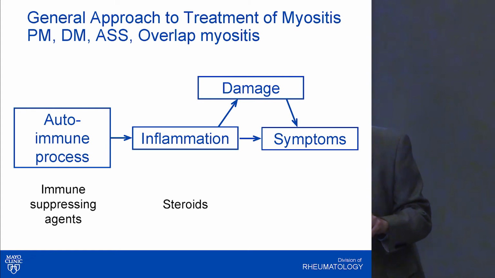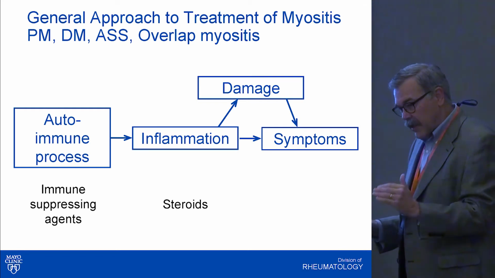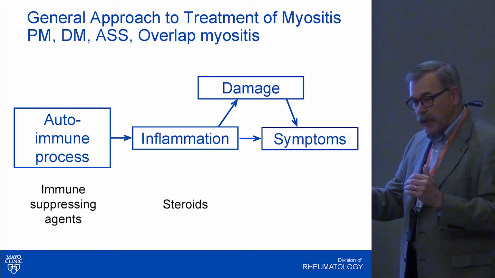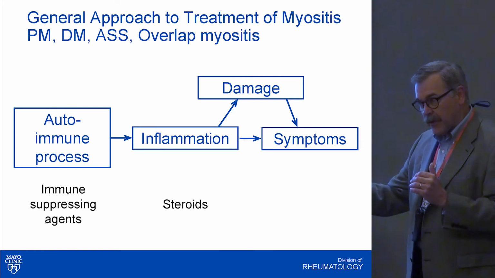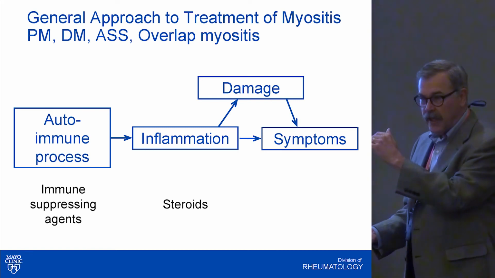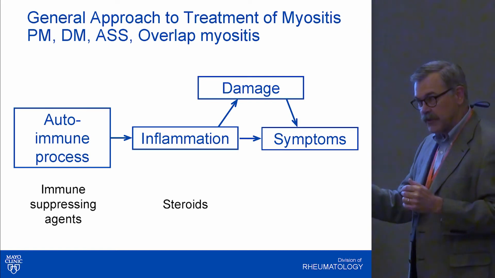So autoimmune process drives inflammation, causes symptoms. But in addition, the inflammation can cause damage. So I tell patients that I want to treat you because we want to help with the current symptoms, but I'm also worried that the inflammation can cause damage. And I want to treat so we prevent future damage.